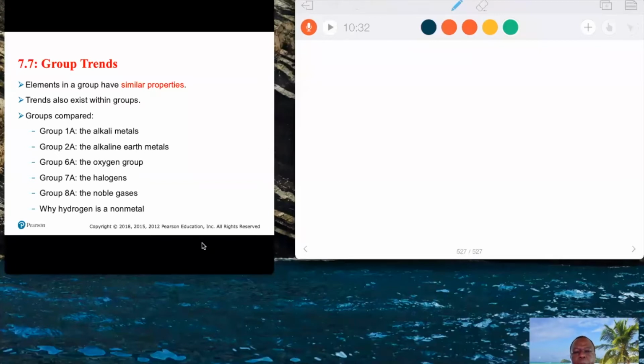So the remainder of chapter 7, we went as far as section 7.7, and you're already familiar with the groups on the periodic table. Elements are arranged according to the vertical columns.